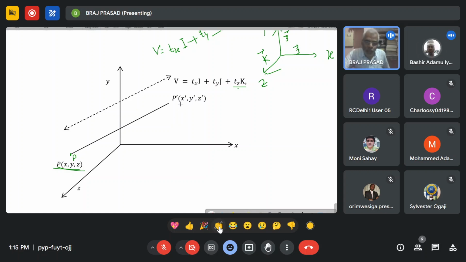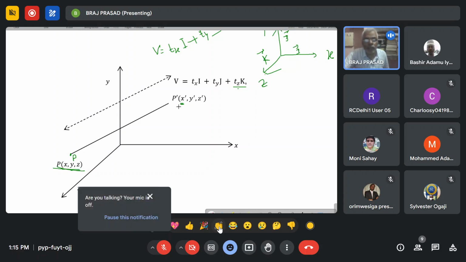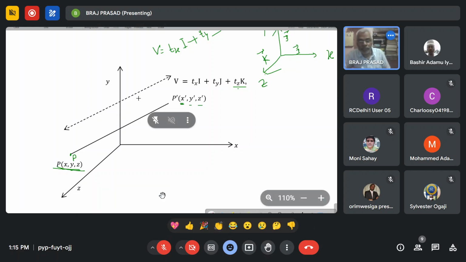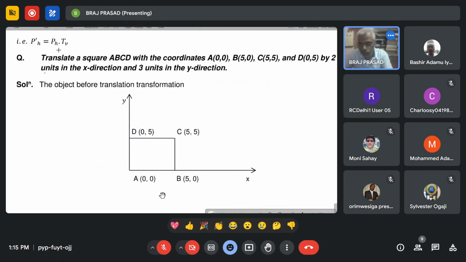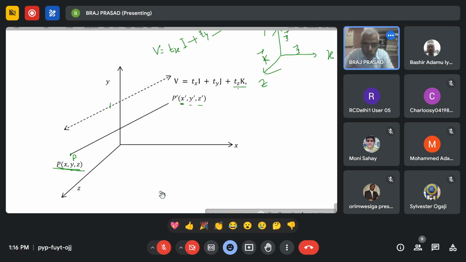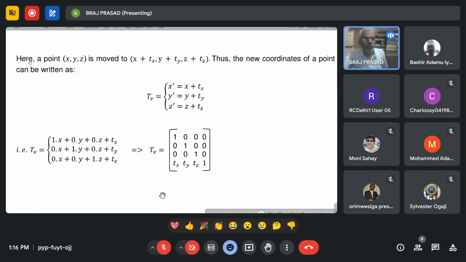Now, how will we calculate the coordinate of this x dash when we know the coordinates of x, y, and z? The coordinates of x, y, z are given, but we have to calculate the coordinates of x dash, y dash, z dash. For that, we will use the above concept that I have used in 2D. For 3D, we will use this formula.